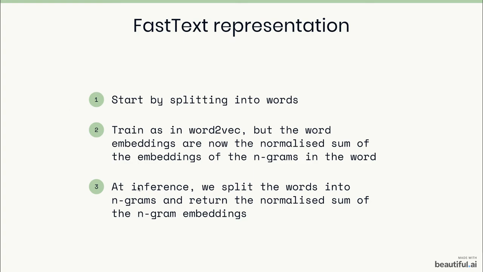So yes, it's more compute because we have to essentially embed a lot more things compared to only the words, but this also means that we do take care of the out of vocabulary question, because a word would consist of individual chunks or n-grams that we hopefully have seen before. There is, of course, the chance of a word having a character trigram, say, which we have not seen before, but that's way more unlikely than seeing a word that we haven't seen before.